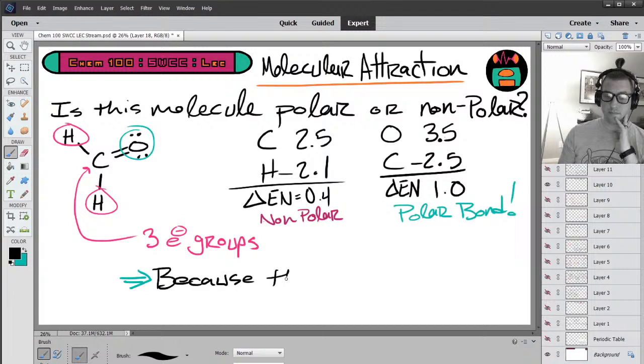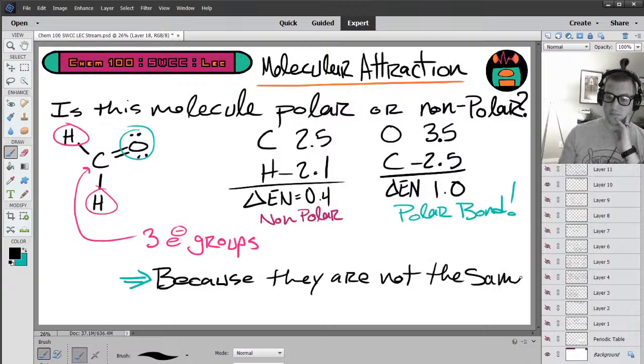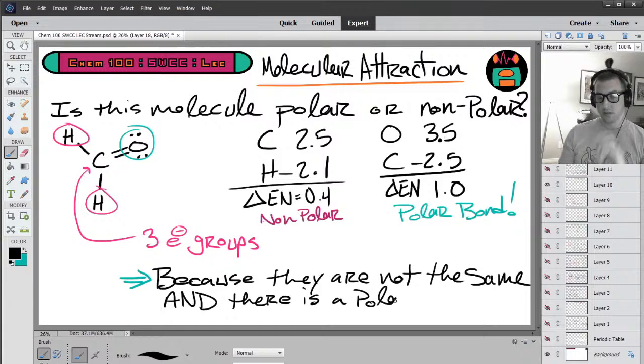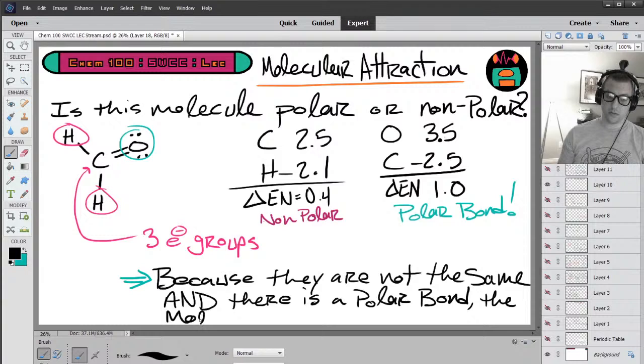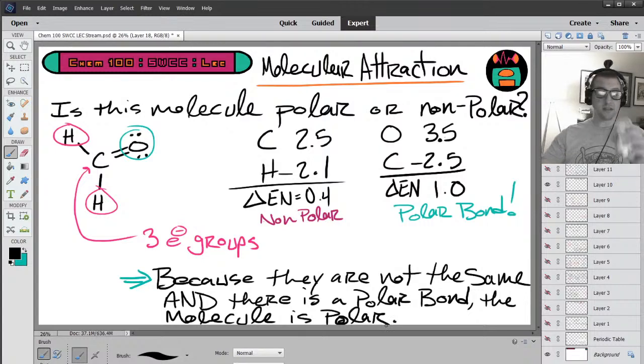Because they are not the same, and there is a polar bond, the molecule is polar. All right, that is what that means.